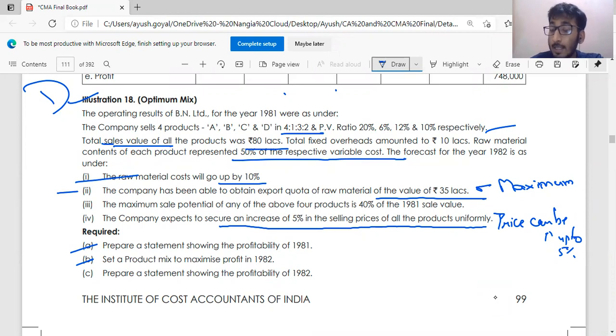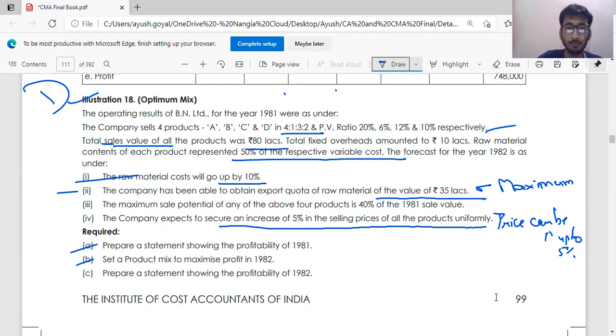Since the raw material is available in limited quantity, we need to utilize raw material in such a way that the contribution can be maximized. So basically, we need to calculate contribution per unit of raw material. Since the units of raw material are not given to us, we need to calculate contribution per rupee of raw material.